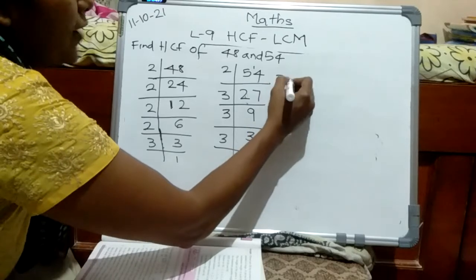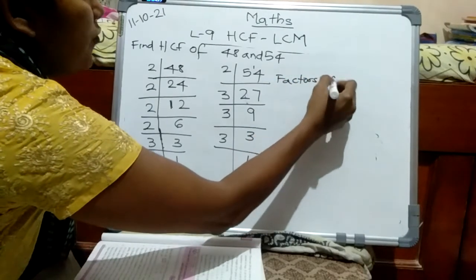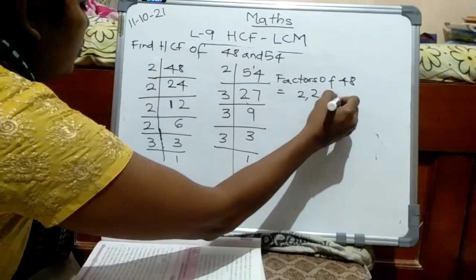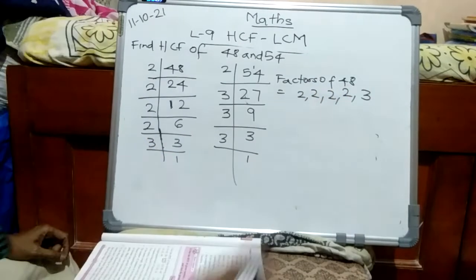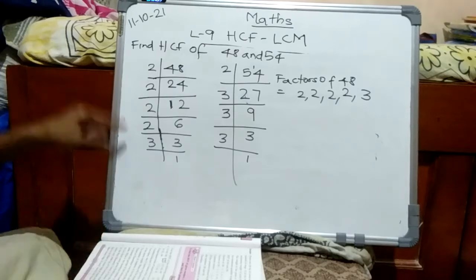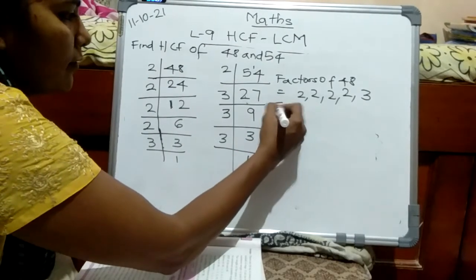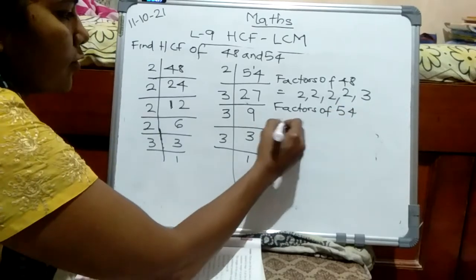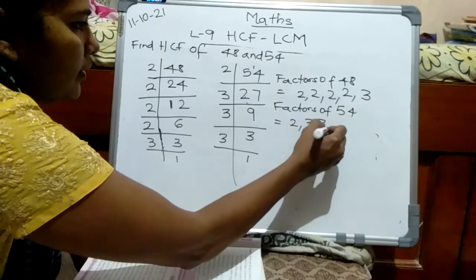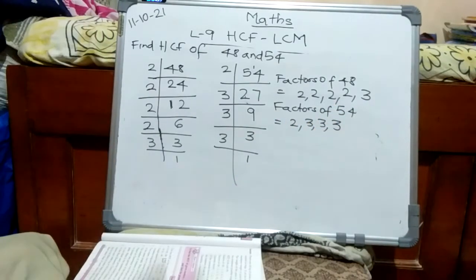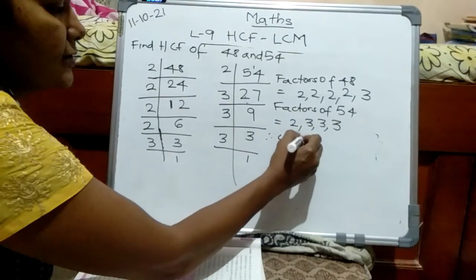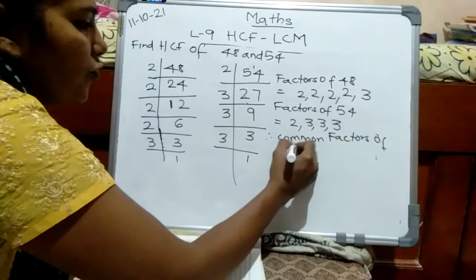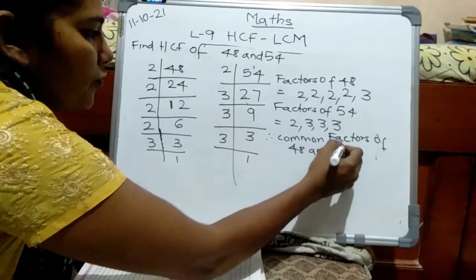Now we will write factors of 48. They are 2, 2, 2, 2, 3. Clear? 4 times 2 and 3. Then factors of 54 are 2, 3, 3, 3. We'll write therefore the common factors of 48 and 54.